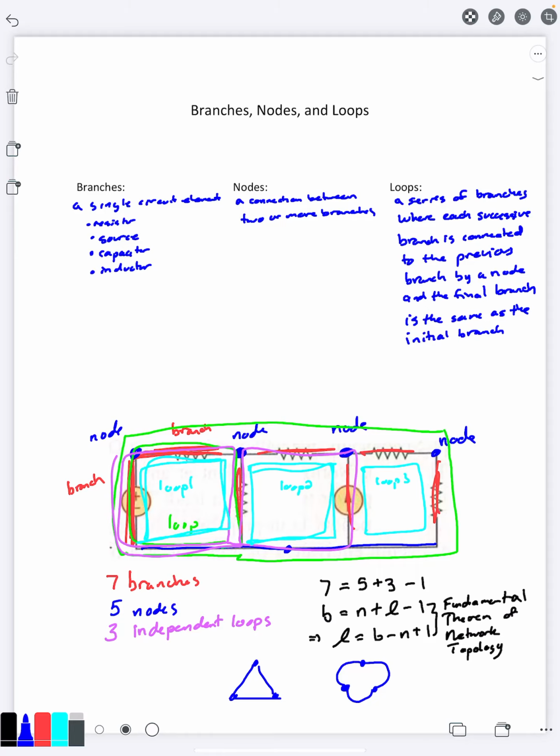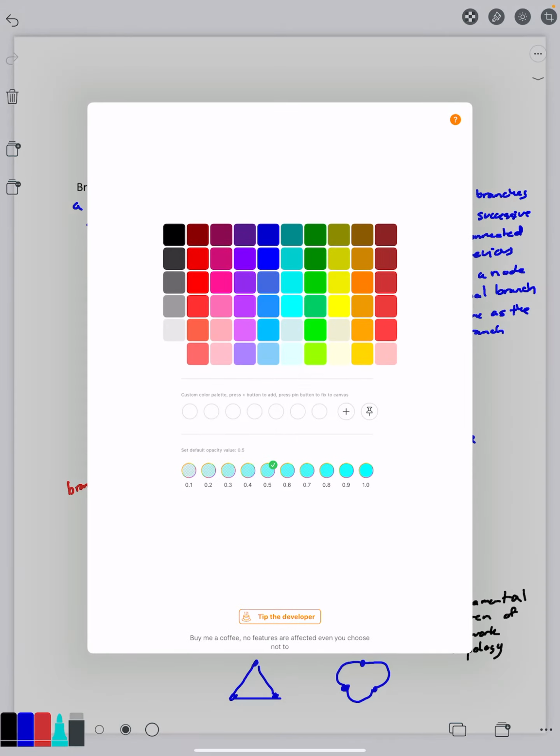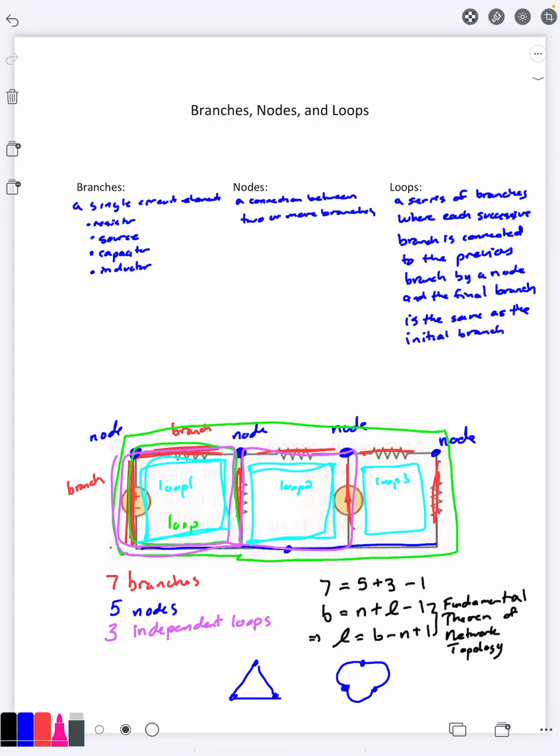Now with all of this here, there's a little side topic, and that is going to be a mesh loop, which are the ones we're usually going to use here. This is going to be a loop with no subloop inside of it.